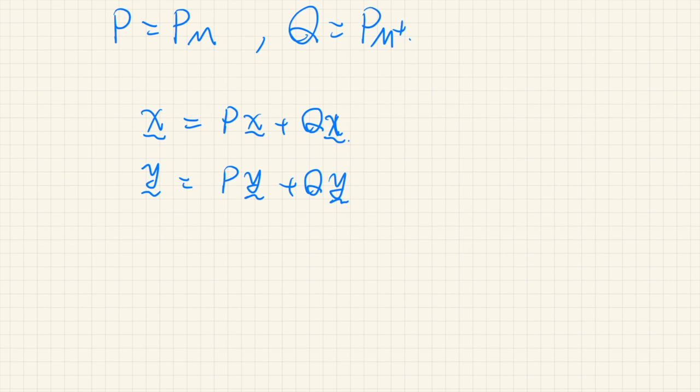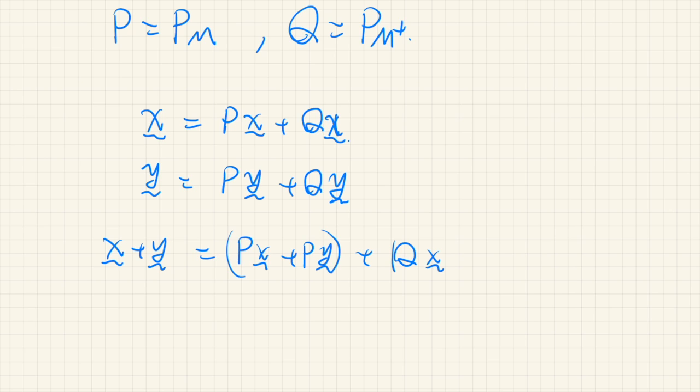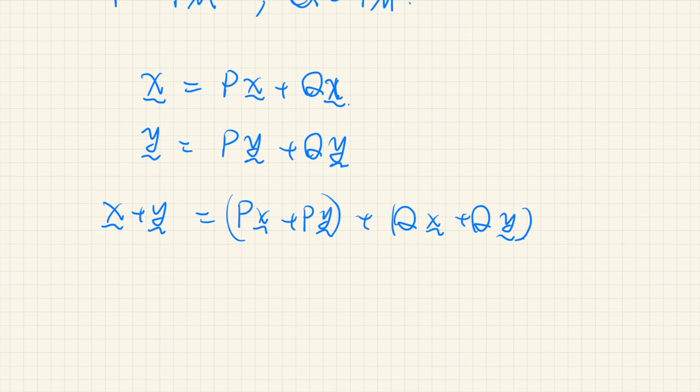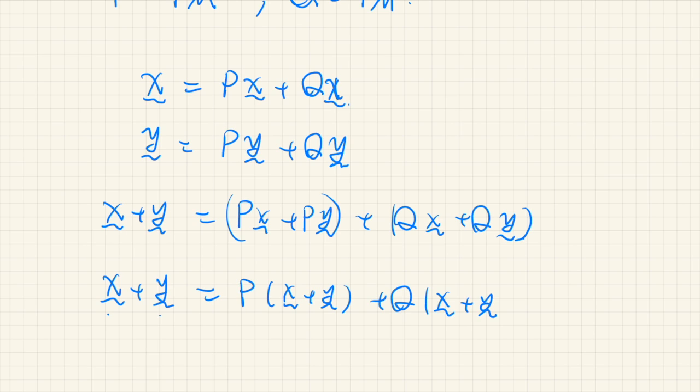So if we add both sides, we have x plus y, and Px plus Py and Qx plus Qy. Okay, on the other hand, we decompose x plus y at the same time. So we have P of x plus y and Q of x plus y.